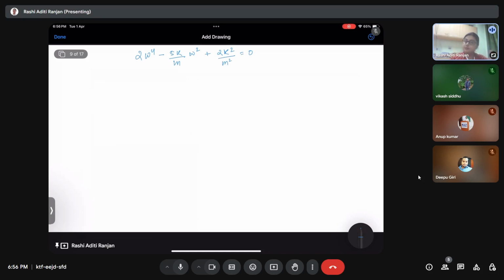Now you know for the system, k is known to me and m is known to me. So what is the unknown to me? Omega, correct? And that is what is going to be my eigenvalue, square of the eigenvalue actually, because you see omega here appears with the power 4. So if I consider omega square as omega naught, then I'll get a second order equation.